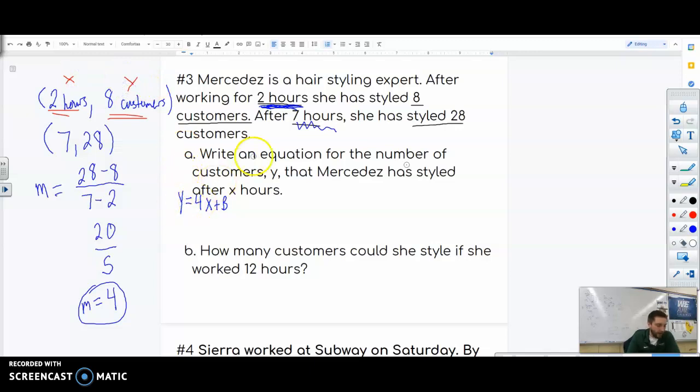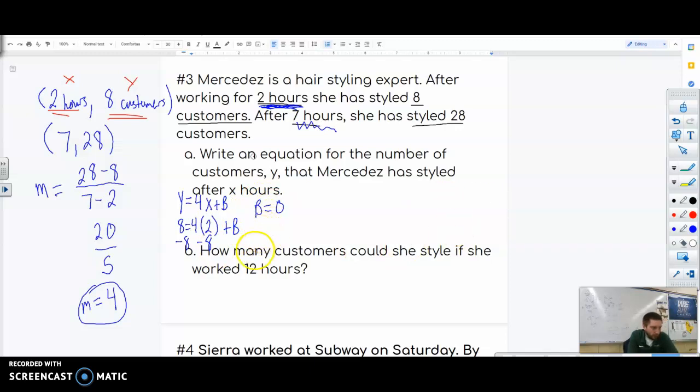So I'm going to plug in 8 in place of y. So 8 equals 4 times 2, the x, plus b. 4 times 2 is 8. So to get rid of an 8, I'm going to subtract 8 from both sides. 8 minus 8 is 0. So that means that b equals 0.